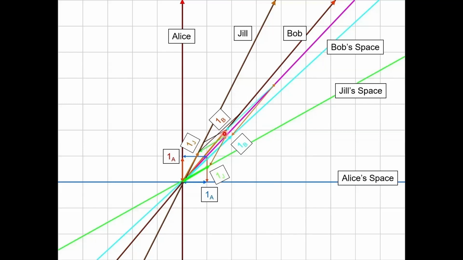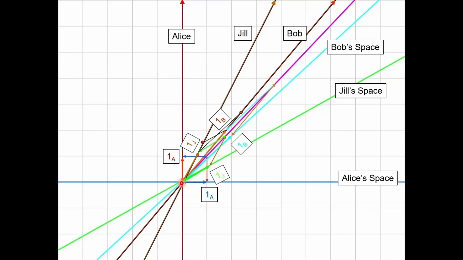And again, you can see it is bigger than 1 unit of time of Bob. So both Jill and Bob see the other coordinate system's 1 second as being more than their 1 second.